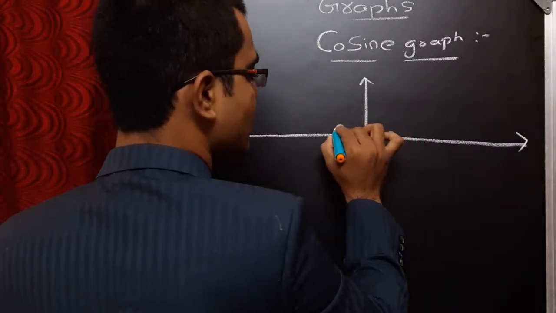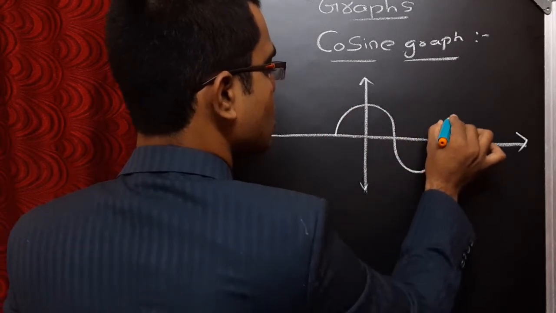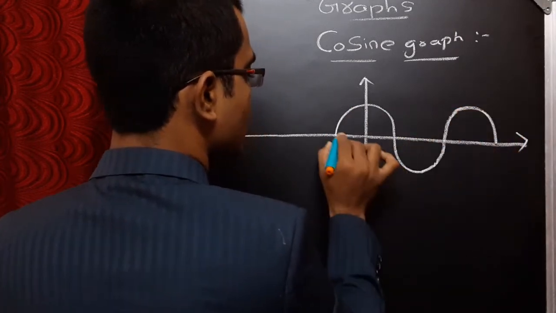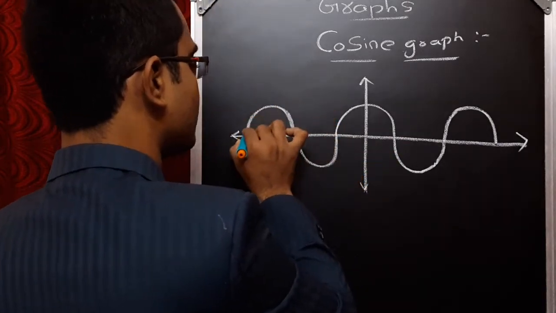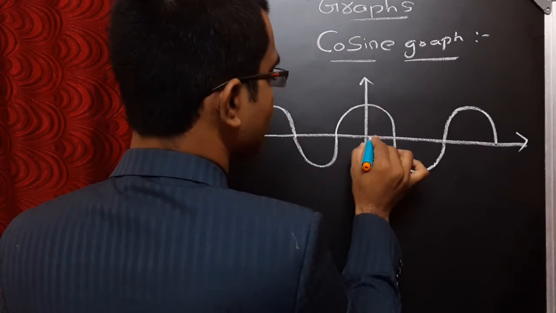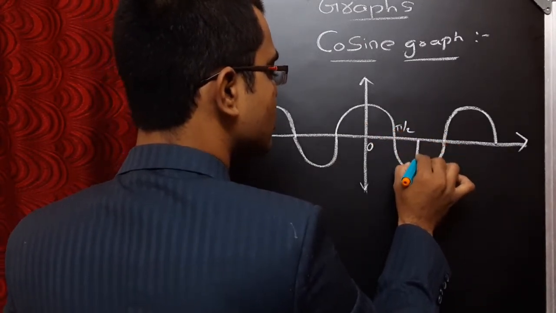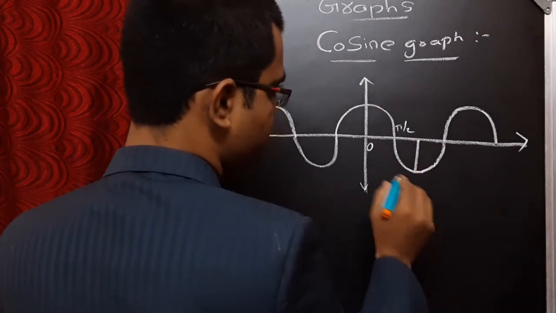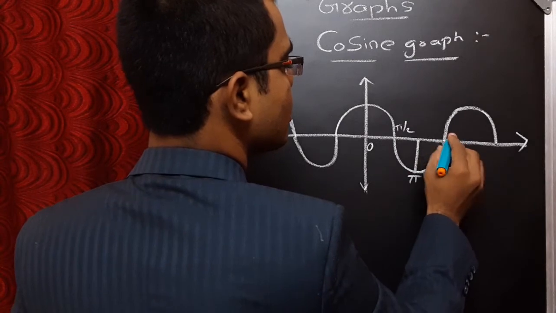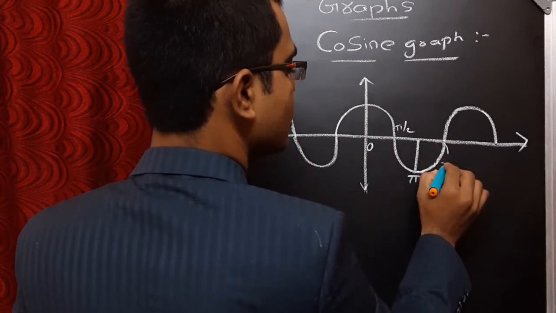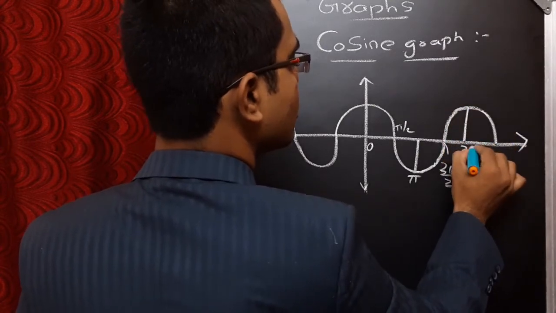So how does the graph start? My graph is a little compressed, it will not be like that. This is 0, and this is pi by 2, this is pi, this is 3 pi by 2, and this is 2 pi.